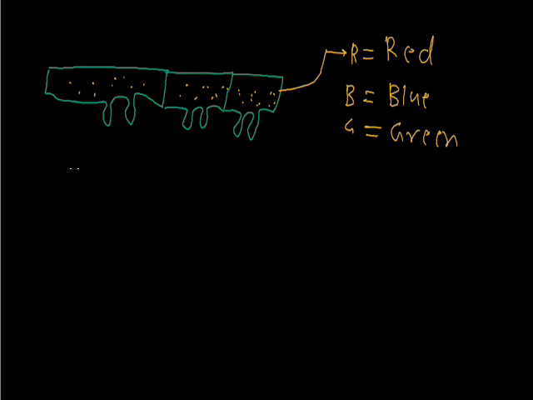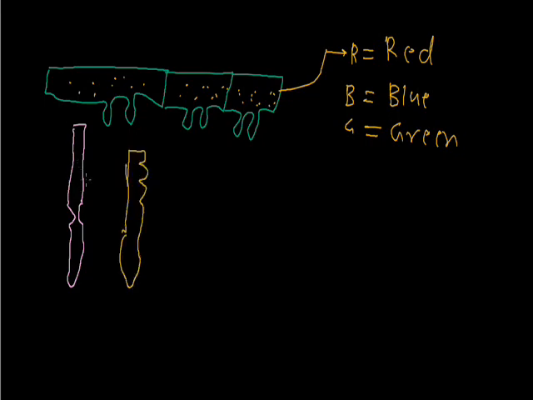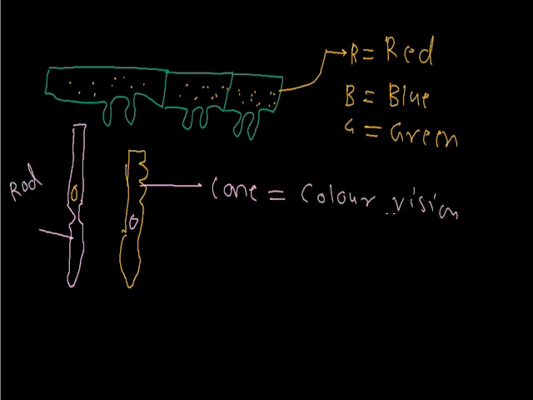The photosensory layer consists of rods and cones. These cells are rods and these cells are cones. Both are types of cells, so they have a nucleus. Cone cells are related to color vision and rod cells are related to dark vision.